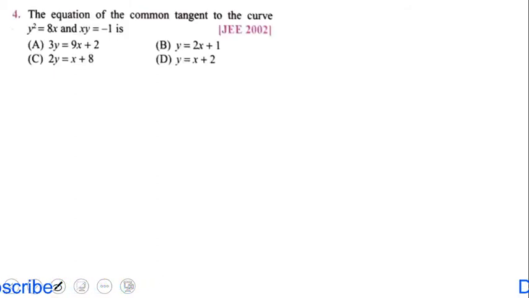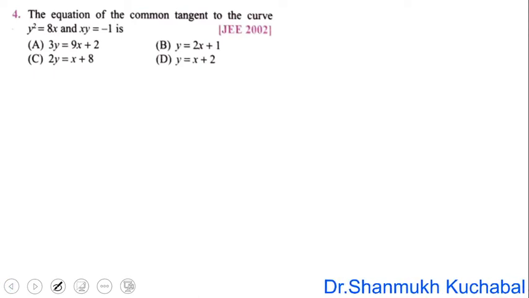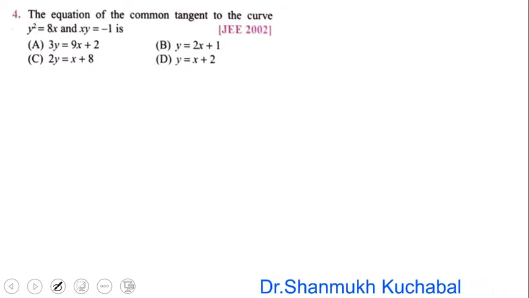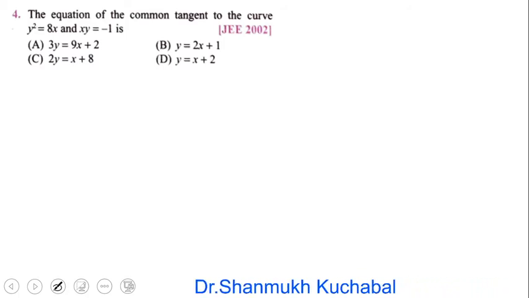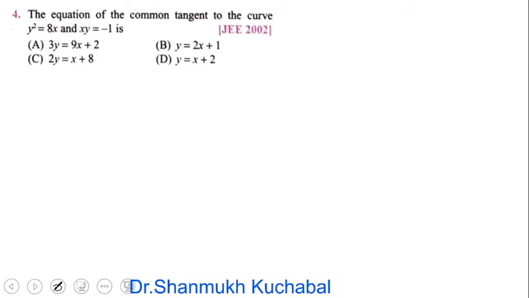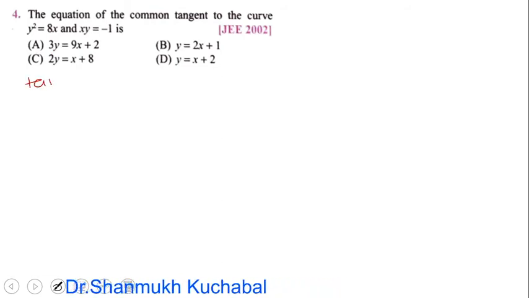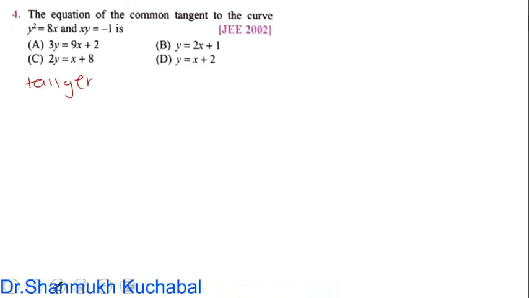The equation of a common tangent to the curves y square equal to 8x and xy equal to minus 1 is, so tangent to y square equal to 8x, which is a parabola.